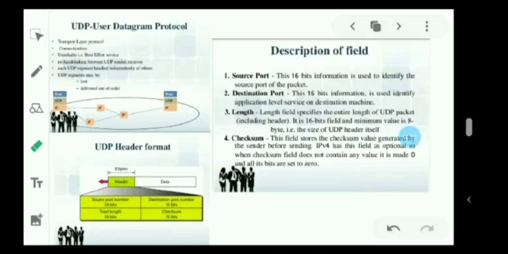UDP does not insert a sequence number into a packet. You have earlier seen the header we include, but in this particular format they have not included the sequence number.